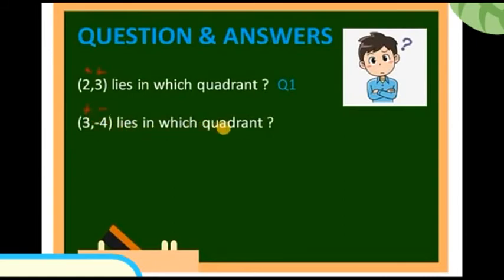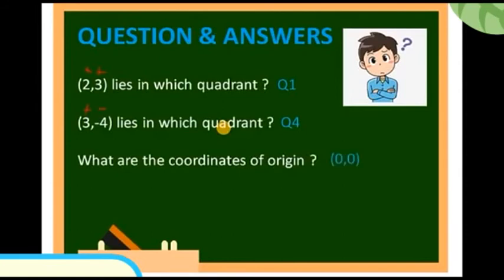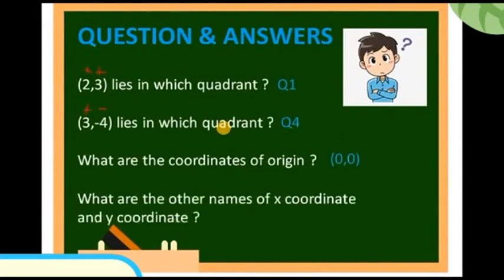So, it lies in quadrant 4. Third question, what are the coordinates of origin? As we know, the coordinates of origin are (0, 0). Fourth question, what are the other names of x-coordinate and y-coordinate? X-coordinate is called abscissa and y-coordinate is called ordinate.